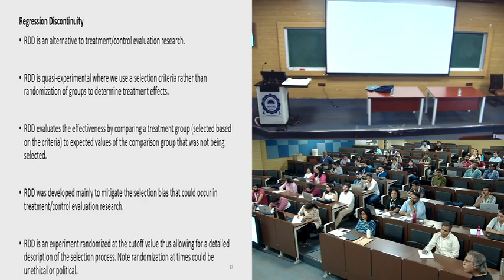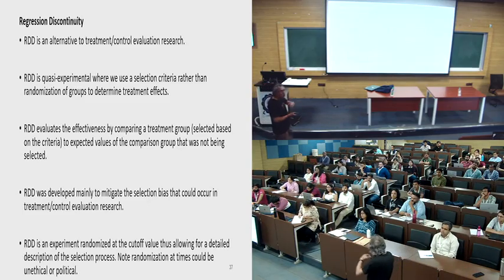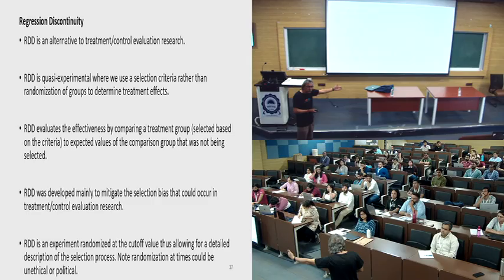So RDD, what it does, based on this selection, it again creates two groups, right? A treatment and of course a control group. So for the treatment group I'll calculate the expected value, and I'll compare that with the control group based on that particular selection criteria. Recall, it is not the program being implemented.